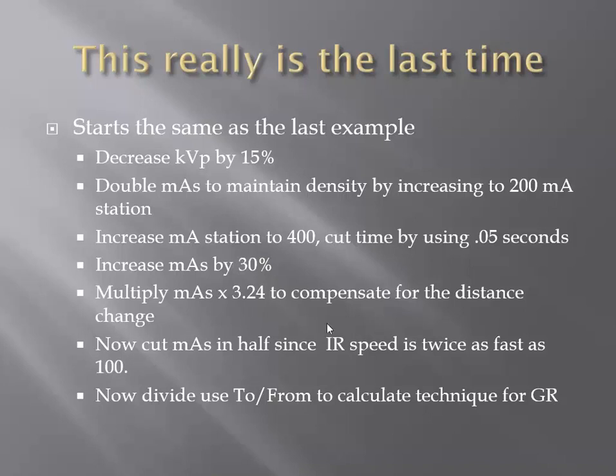Now we're going to change our image receptor speed to twice as fast as what it originally was, so we're going to have to reduce our mAs again, and then add in the grid conversion.